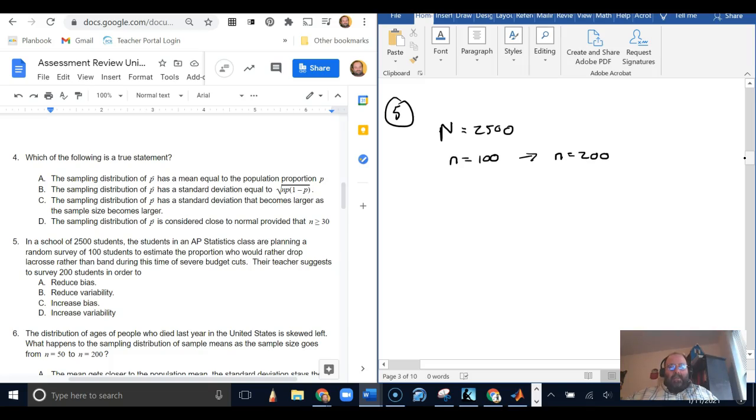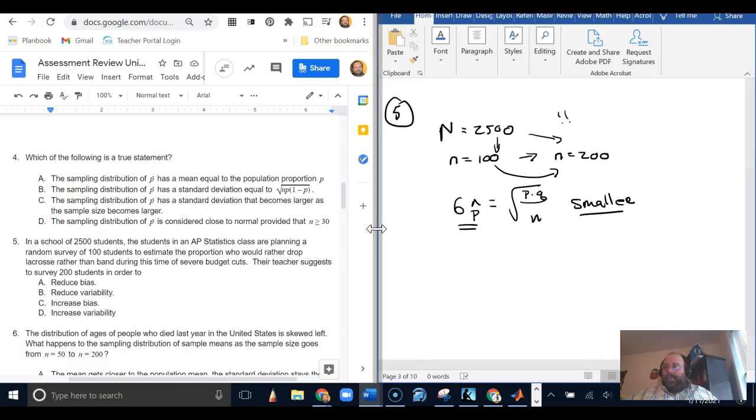Okay, so we're still within the range of the 10% rule here, so that's good. And if you think about the standard deviation of p hat, it's pq over n, and as n is going from 100 to 200, this is getting smaller. And standard deviation is a measure of variability, so this would be reducing variability. Answer there is B. So there you go.